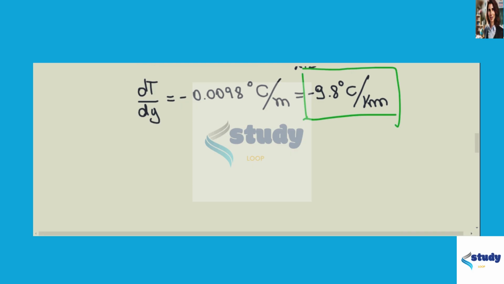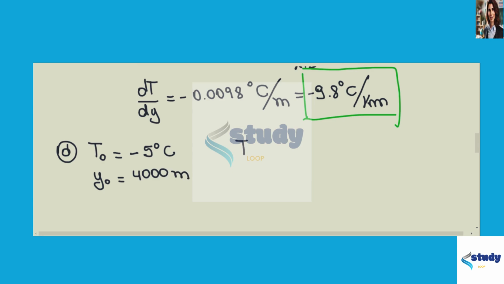Then in question D, our goal is to consider that the initial temperature, the temperature at the top of the Sierra Nevada mountains, is equal to minus 5 degrees Celsius, and the height y of the Sierra Nevada mountains is 4,000 meters.